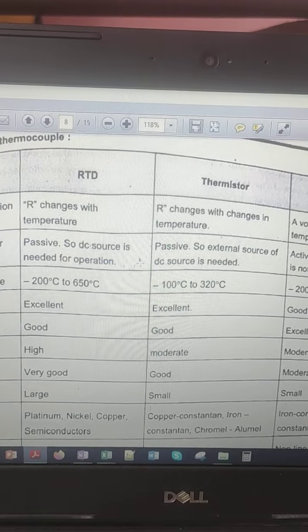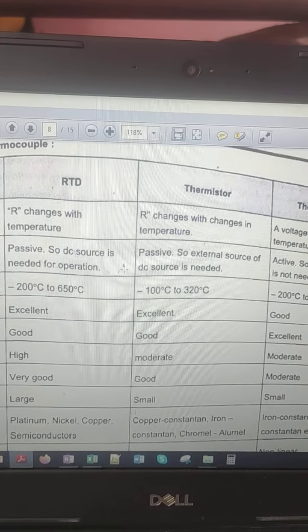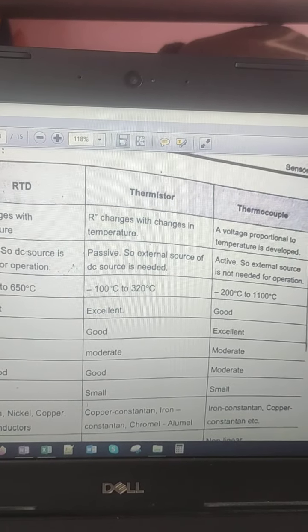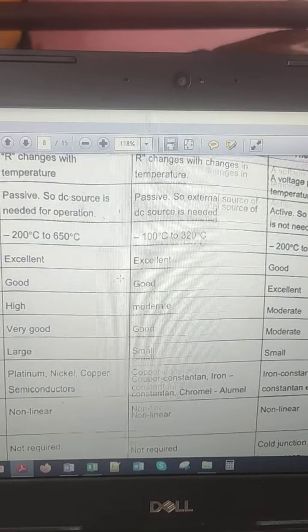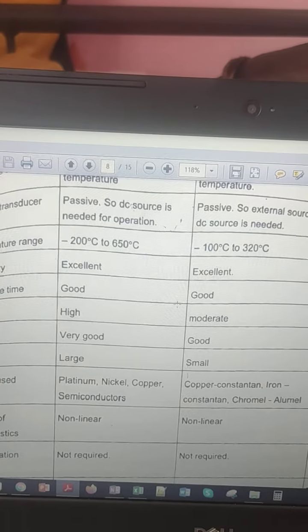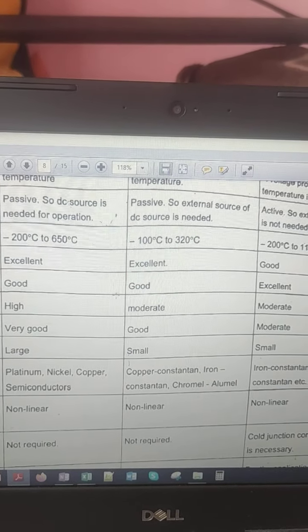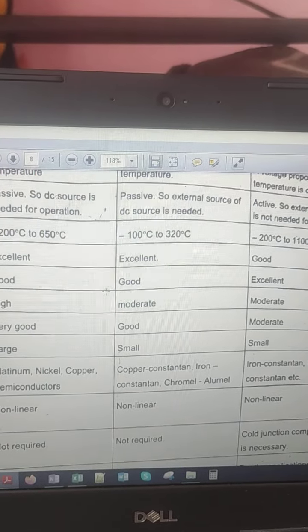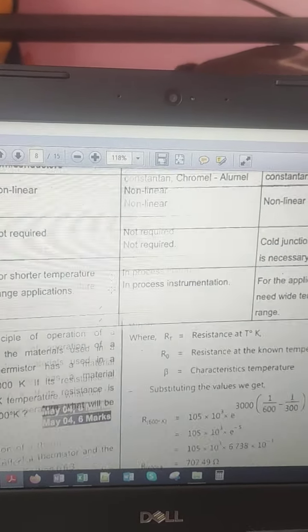Temperature range: minus 200 to 650 degrees Celsius, minus 100 to 320, and minus 200 to 1100 degrees Celsius. Response time: good, good, and excellent. Cost: high, moderate. Accuracy: very good, and good. Remaining points you can do from the book.